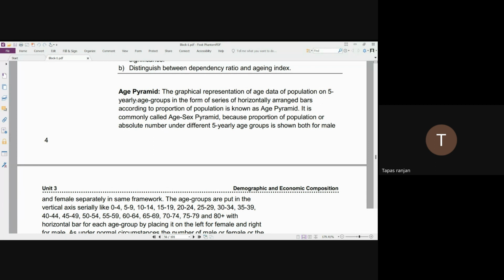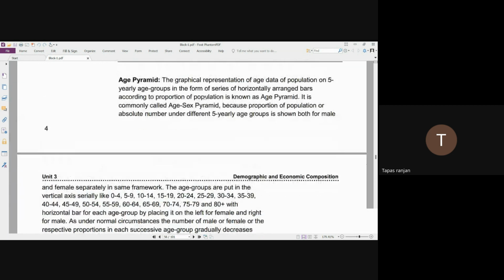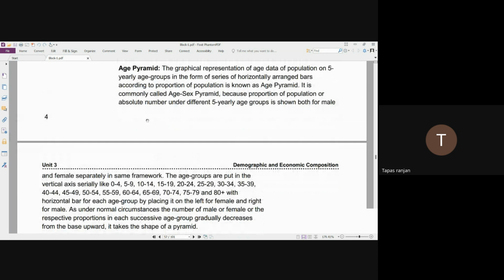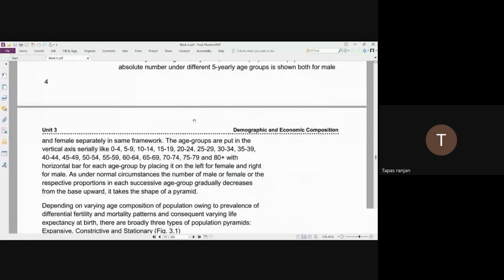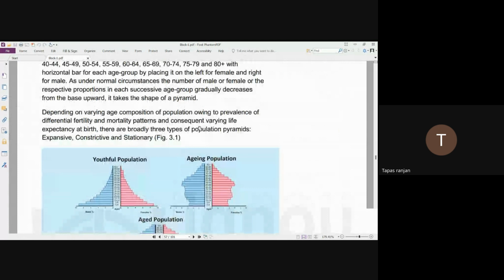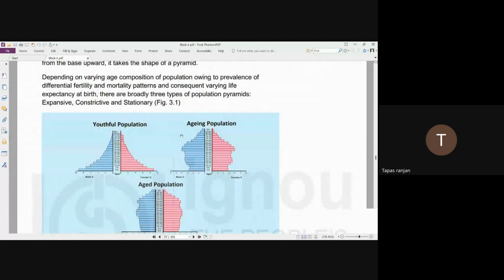So in the age pyramid, we are using a 5 year interval. Here are the diagrams you can see. So 0 to 4, 5 to 9, then 10 to 14, 15 to 19.